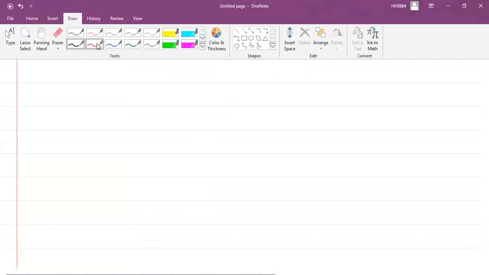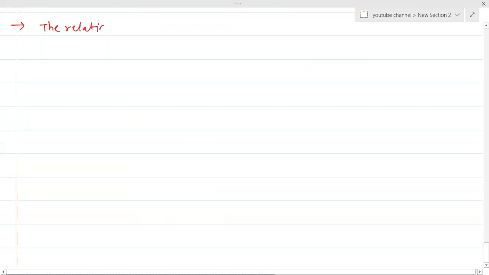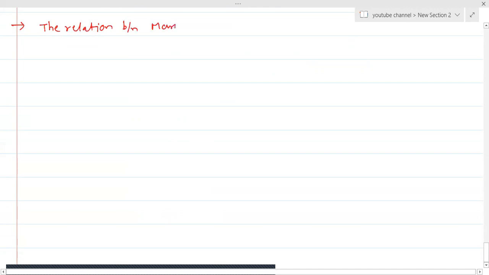So the next important point is the relation between maximum height and range.